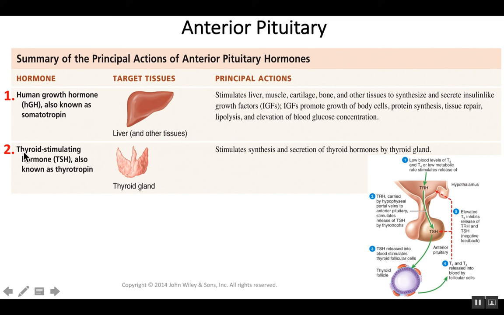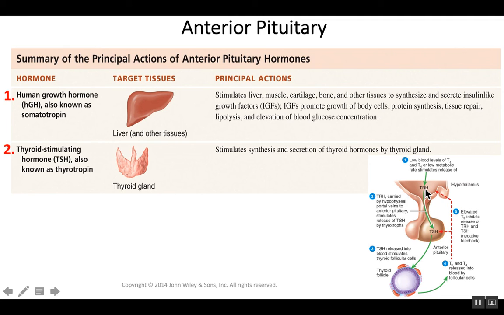The next hormone is called thyroid stimulating hormone. This hormone tells you what it does. It stimulates the thyroid gland. So it stimulates synthesis and secretion of thyroid hormones by the thyroid gland. This is an instance where you have the hypothalamus that produces a hormone called TRH.